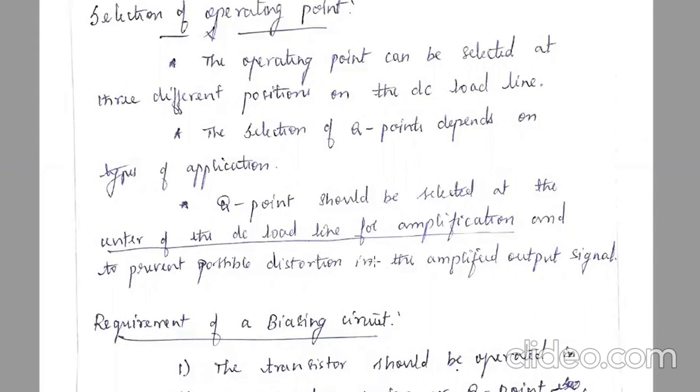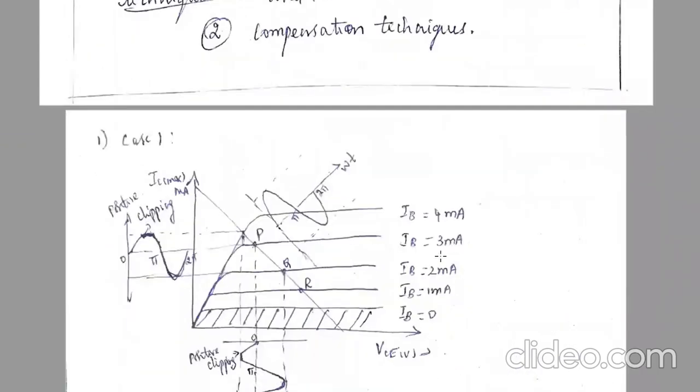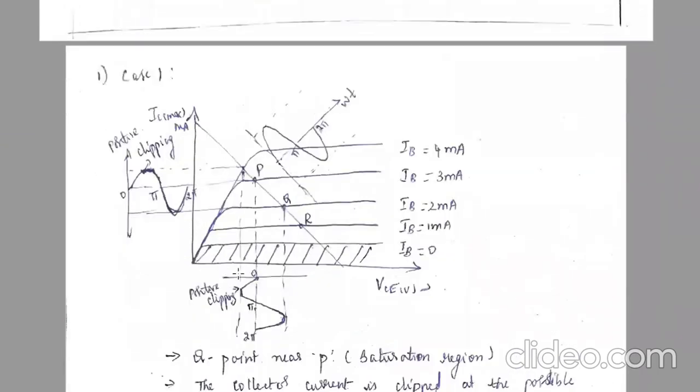Now let us see this in detail with some cases where we can choose the Q point on the DC load line. Let us first see case 1. Here in this diagram, the biasing circuit is designed to fix a Q point at point B, as shown in the figure. This Q point is near the saturation region of the transistor.